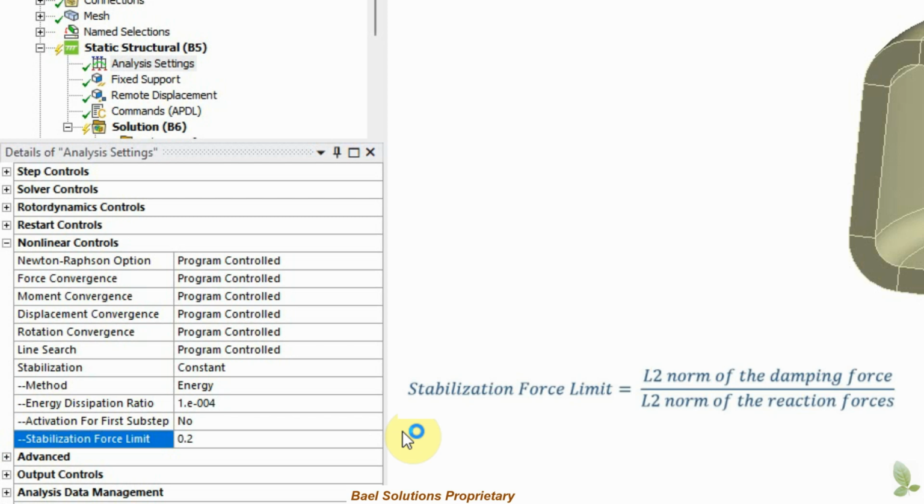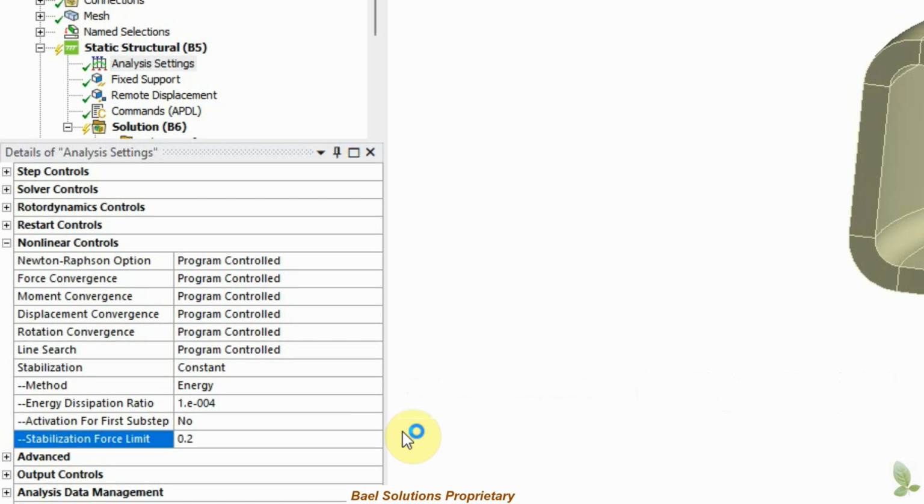Although the stabilization force limit appears high, it is generally activated when the stiffness and force on the structure is almost close to zero. Therefore, in most cases, stabilization force only marginally affects the overall accuracy of the simulation. However, it is recommended to check and verify the same.